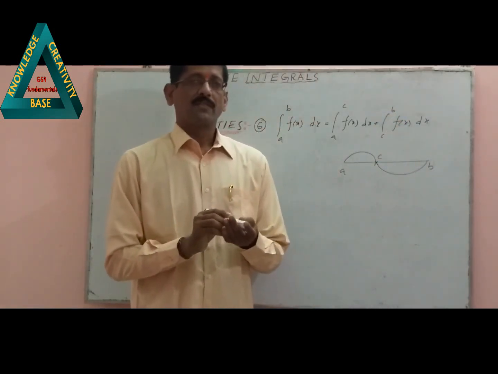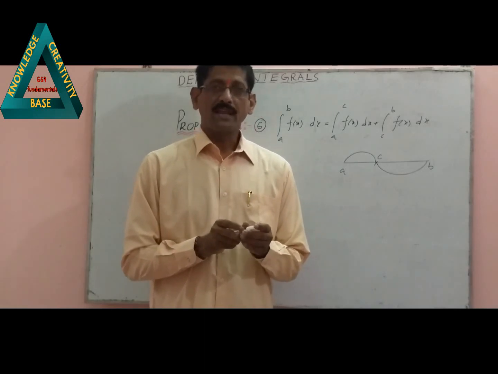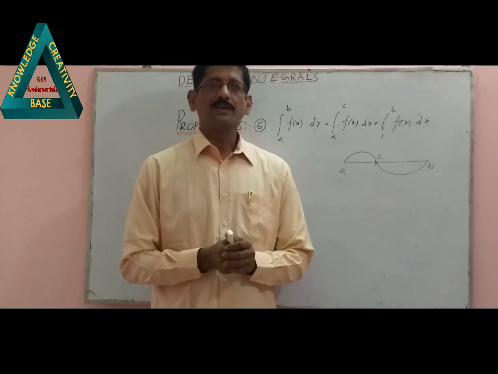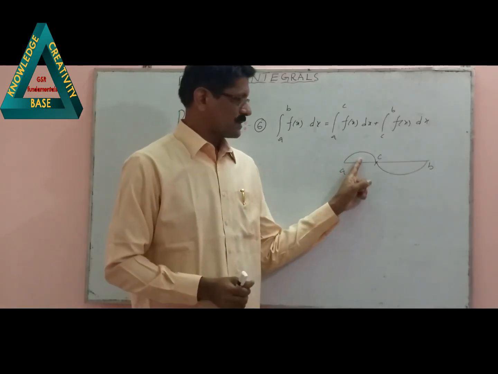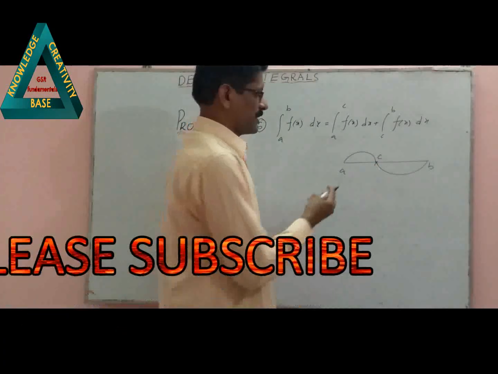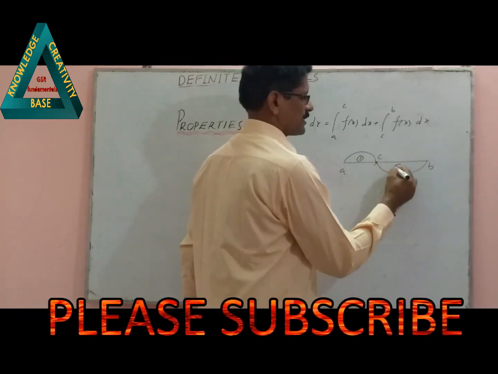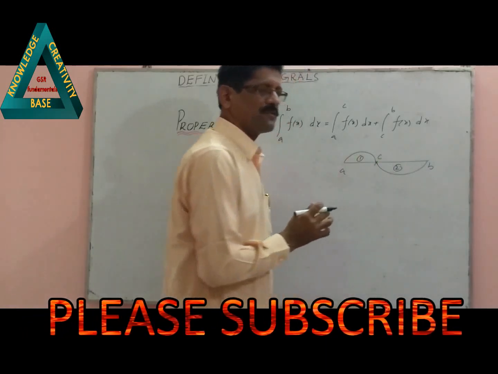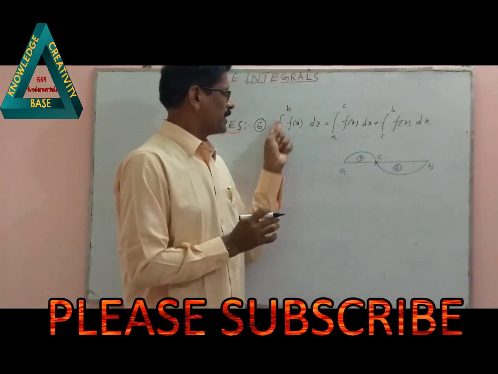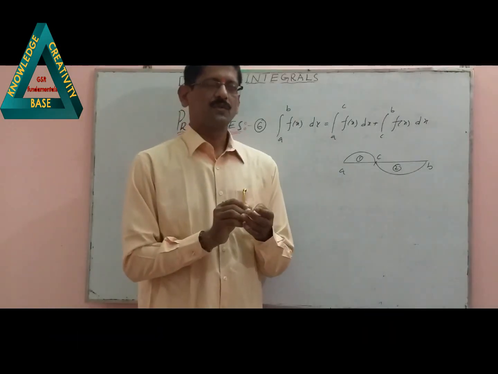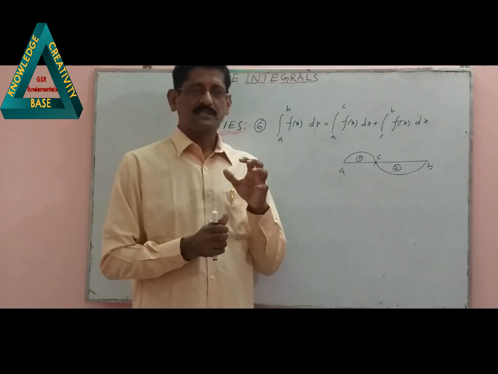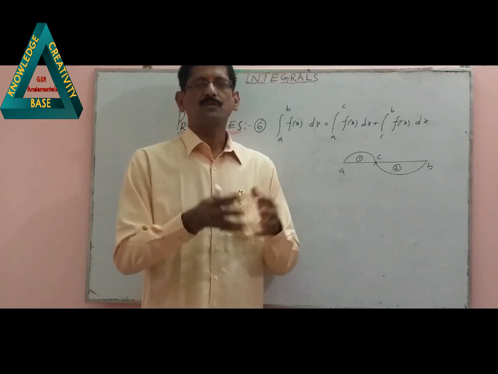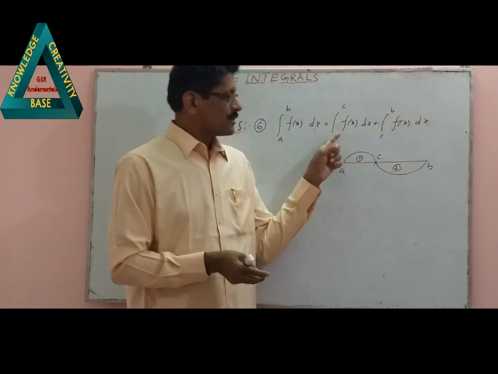That means we split the definite integral into two pieces. This is the first definite integral, second definite integral. The summation of these two definite integrals gives the integral a to b f of x dx. This is one of the most important properties to evaluate definite integrals. That means a definite integral can be split into so many parts. Here there are two parts.